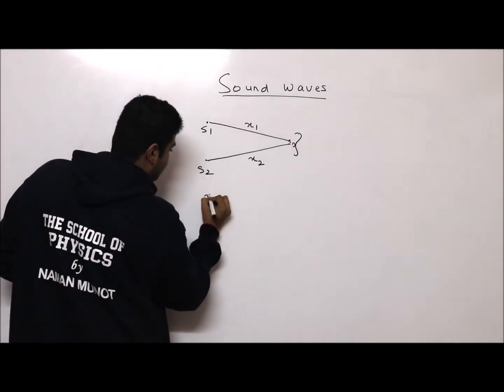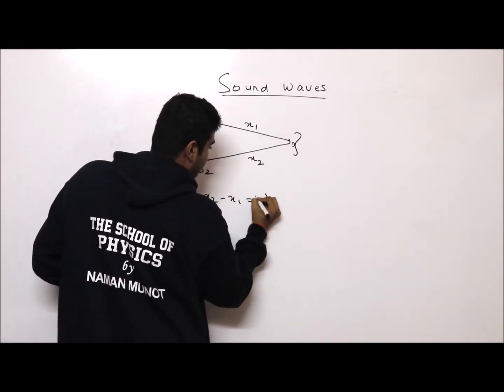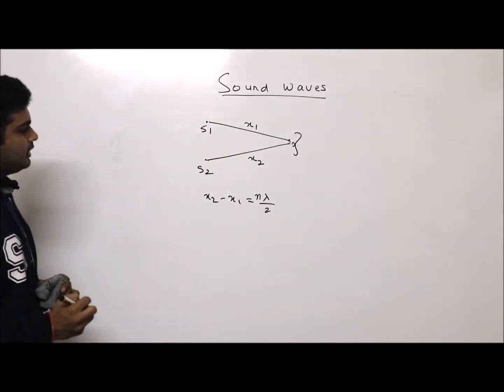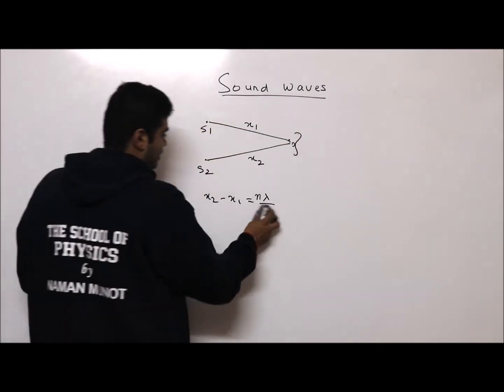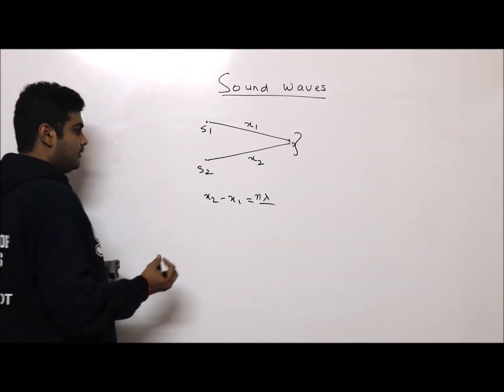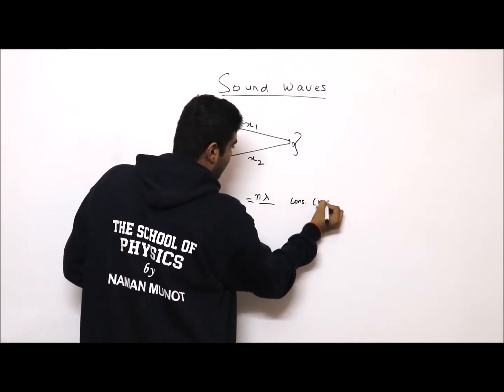When x2 minus x1 is equal to n lambda, not n lambda by 2, n lambda, then this is a constructive interference where you will hear a maxima.